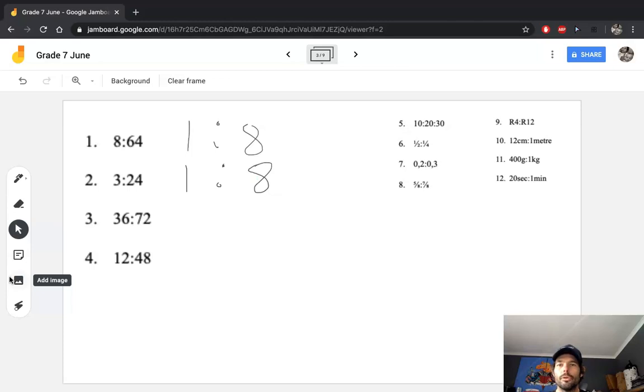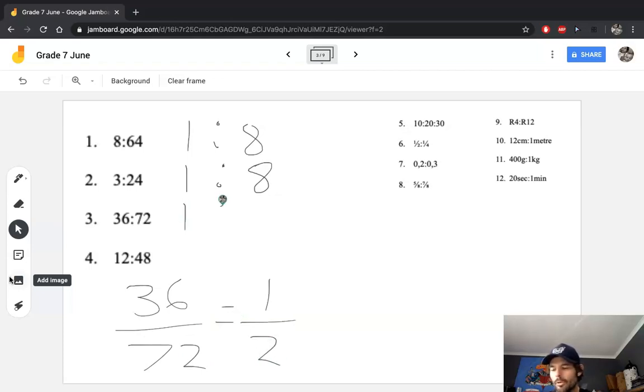36 and 72, if you haven't recognized that 36 is half of 72, so we could also write it as a fraction and simplify that fraction, which is equal to a half. So therefore that's going to be 1 is to 2. Now if you hadn't recognized that, you could have said, okay, 36 is to 72.